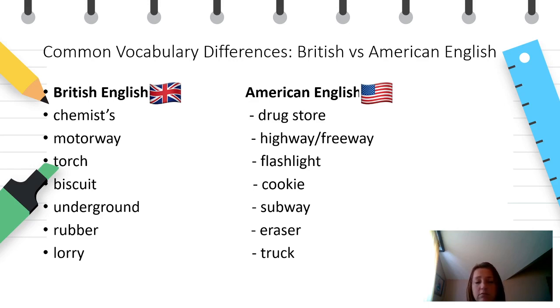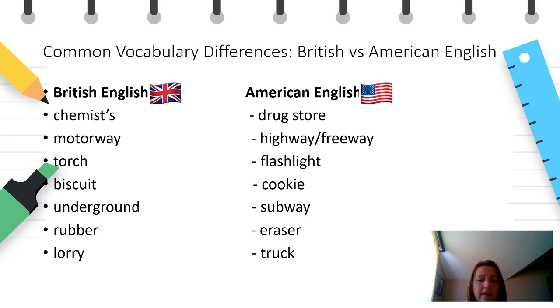For the high-speed road full of cars, British use the word motorway, and Americans use the word highway or freeway. Torch is another British English word for a thing that we use when we cannot see, and flashlight is the American English word for a torch. For example, turn on the torch so that I can see, or turn on the flashlight.